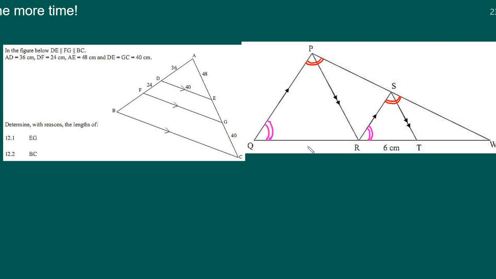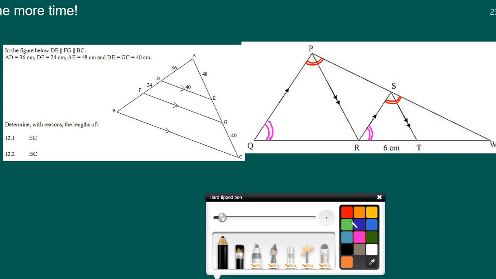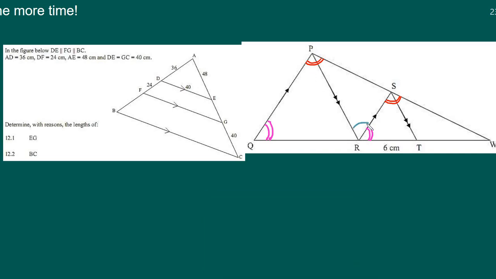Can you quickly identify those? PSR. PRS, this one, is alternate to QPR. Alternating angles, that's great.